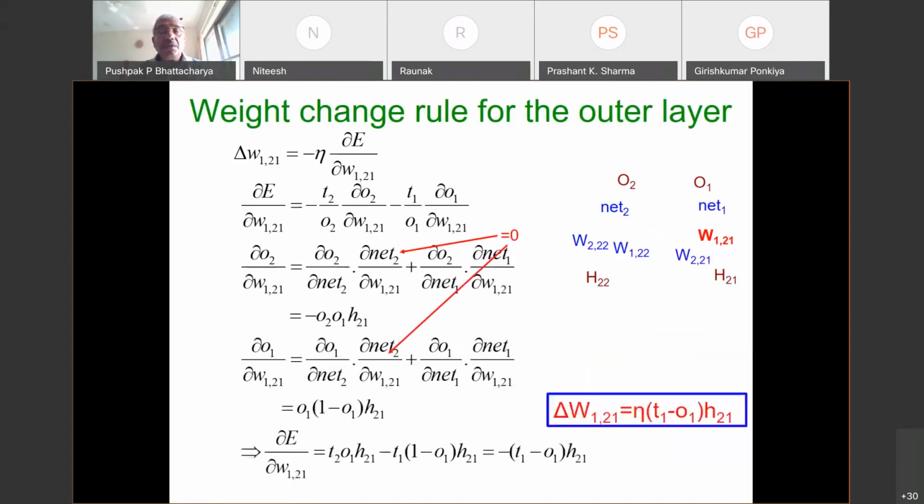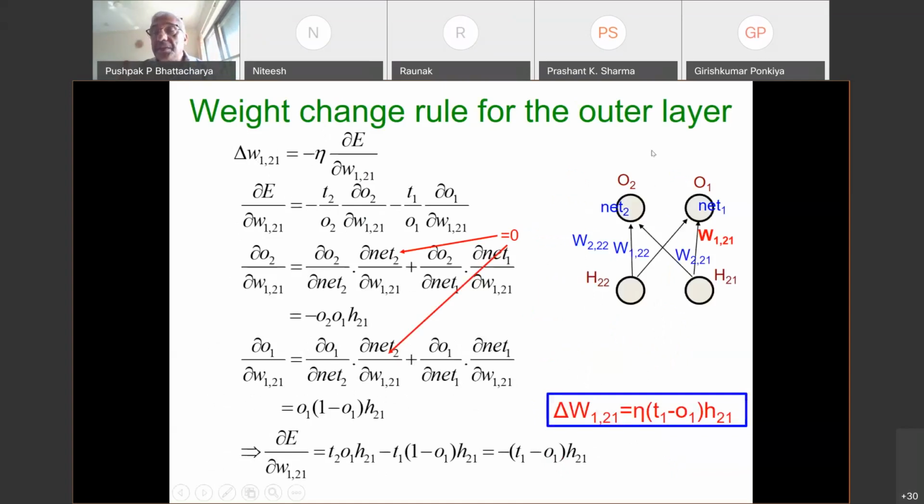Now I'll go through the derivation from first principles, which can be shortened dramatically if we make use of recursion, which we'll see very soon. We are interested in the change in weight value, delta W1,21.